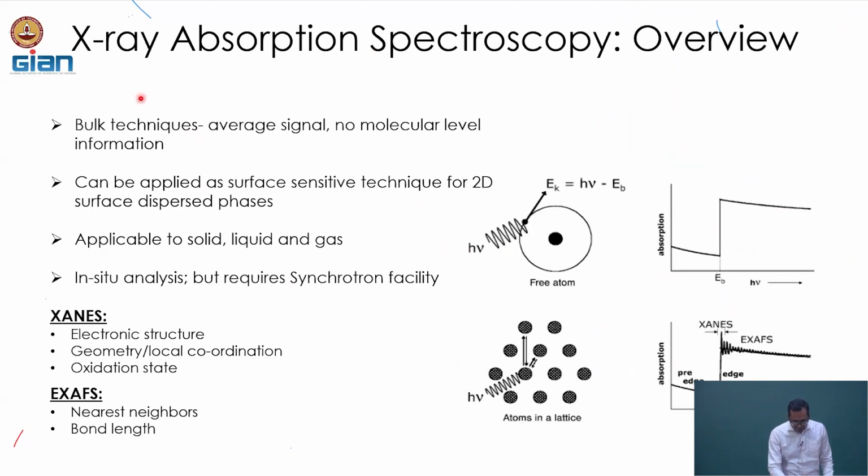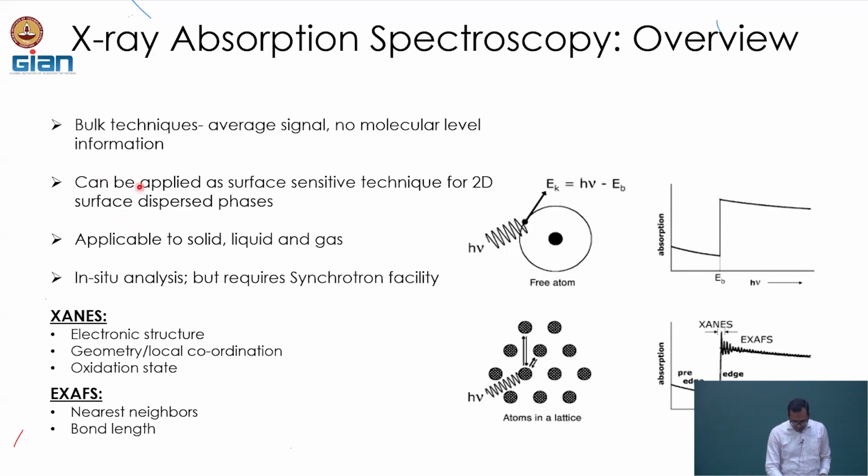Okay, so that brings to the end of the X-ray absorption spectroscopy. So the thing is that we will always get bulk information because it penetrates through the material and it gives you the average information over all the sites. So molecular level information is lost, that is number one. But then from the XANES part with fitting and all, you can extract a little bit of how much of this phase is present versus the other phase present, but that's it.